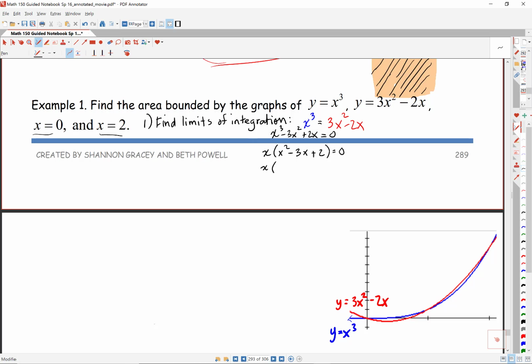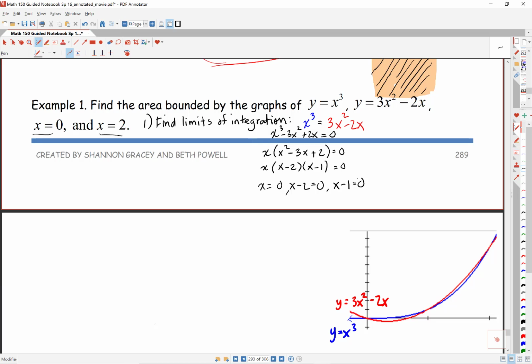So see how we get 3. So x is going to be 0, x minus 2 is 0, or x minus 1 is 0. So you get x is equal to 0, 1, or 2 as your intersection points.